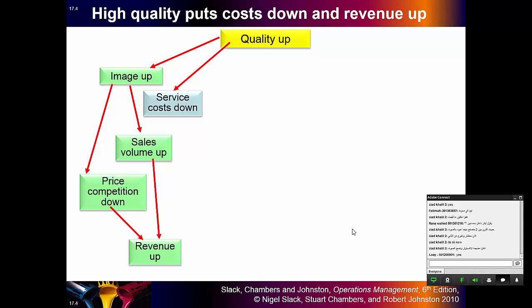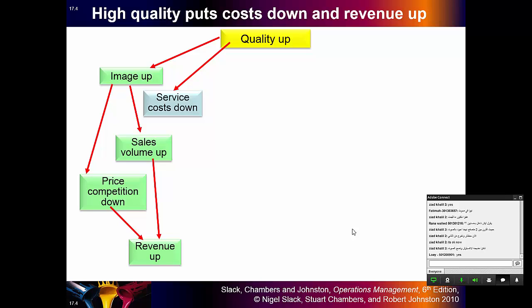Okay, so here are some of the reasons quality is important. Why is quality important? Because at the end it will make the cost of operation go down.